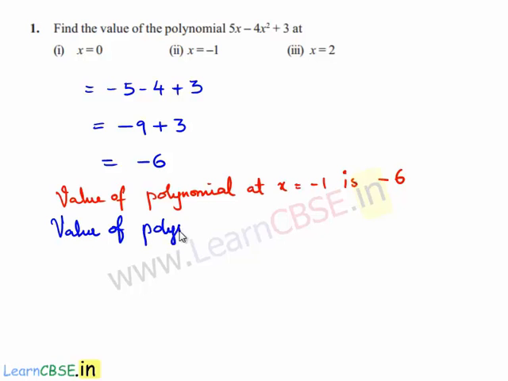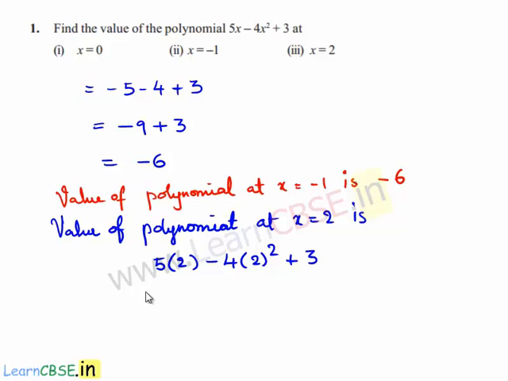Next one is the value of polynomial at x is equal to 2 is 5 times of 2 minus 4 times of 2 square plus 3. 5 times of 2 is 10 and 4 times of 2 square is 4 plus 3, which is equal to 10 minus of 16 plus 3.